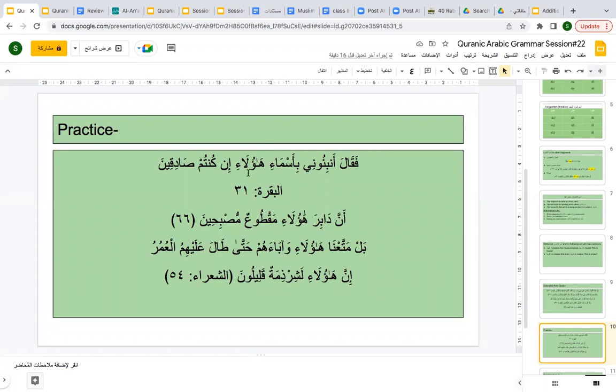Is this making any fragment, other than the ismul ishara wa mushar ilayhi fragment here? No, right? There is no ismul ishara wa mushar ilayhi fragment here. No, we are not going to call it like that. Now look at this. Do you see any fragment?